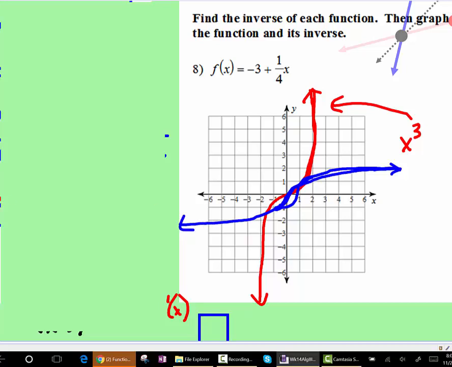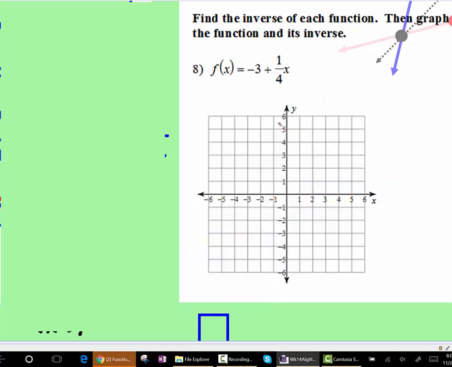It's going to be really hard to actually see what I just did there. But if we put this invisible line right here, these two things would look like mirror reflections. Well, that's how you tell if functions are inverses of each other.